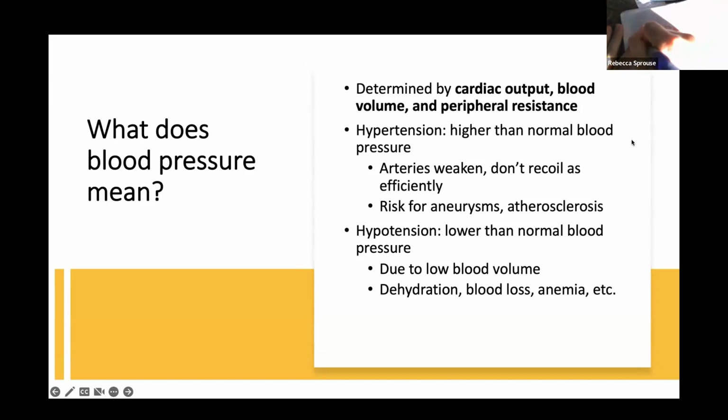Okay, so cardiac output is something that we call stroke volume, which is the volume of blood pumped per heartbeat, per ventricular contraction, multiplied by your beats per minute.